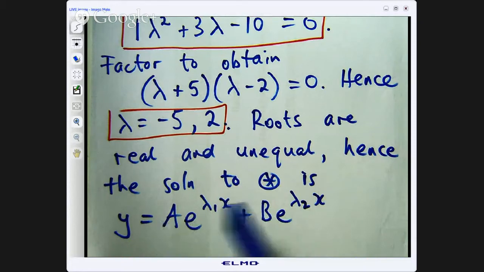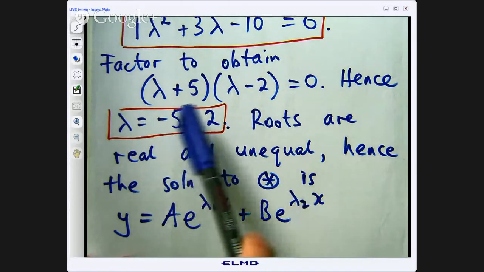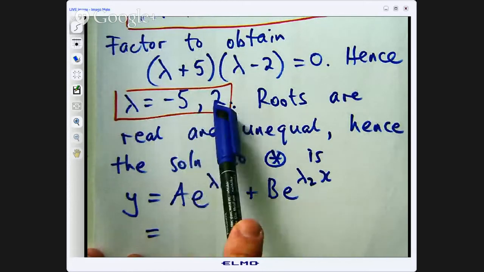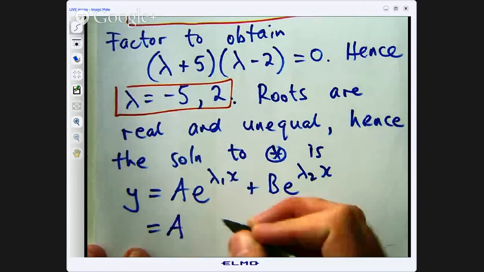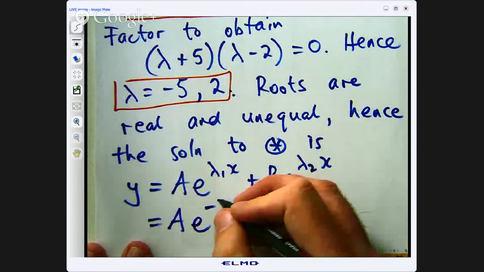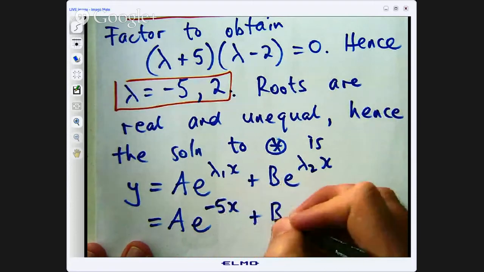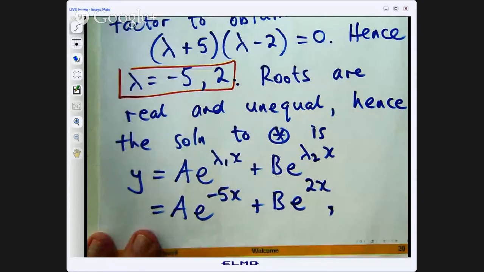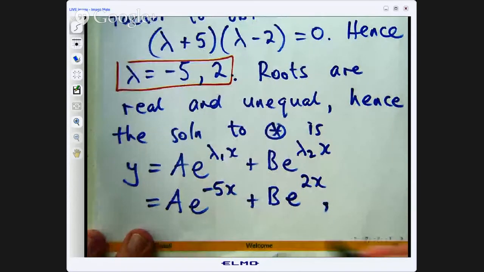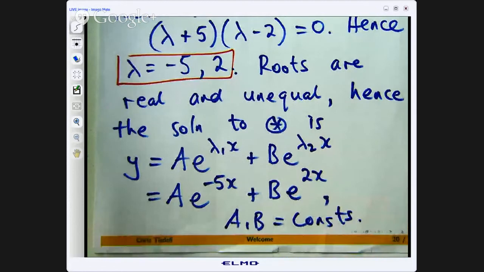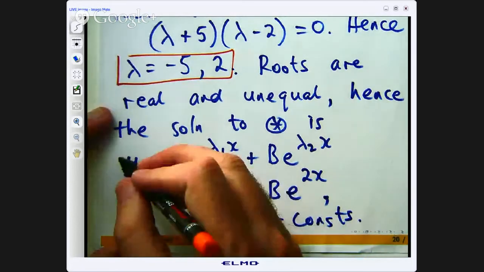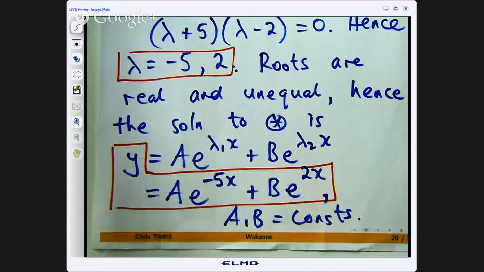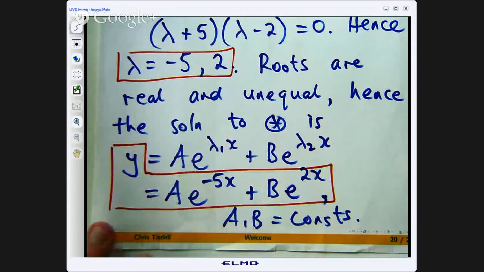We don't know what they are, but they're just constants. Lambda 1 and lambda 2 are these values here. So if we write those in, then we've got a general solution. So our solution to our problem at the start is here. This will be true for any a and b.